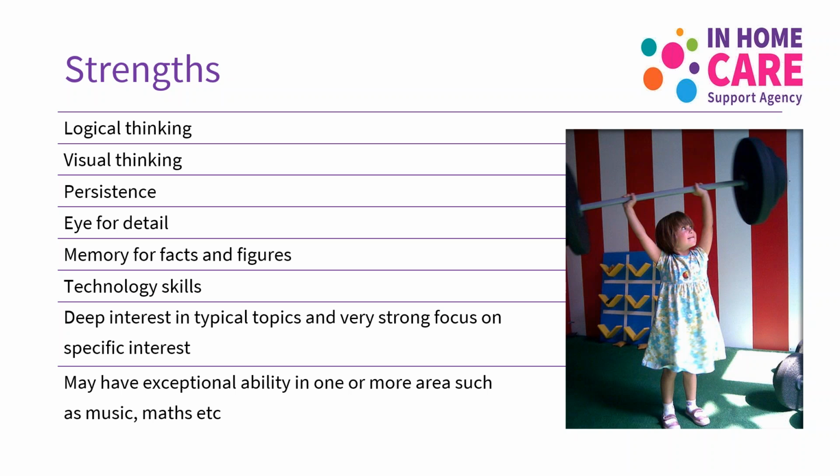And some people with autism may have exceptional ability in one or more areas, such as music or mathematics. People with autism tend to have an ability to notice specific details, patterns, or changes that others may be unaware of. And for around 20% of people with autism, there will be an exceptional or above average ability in one or more specific areas. But as with everyone, strengths are always unique.